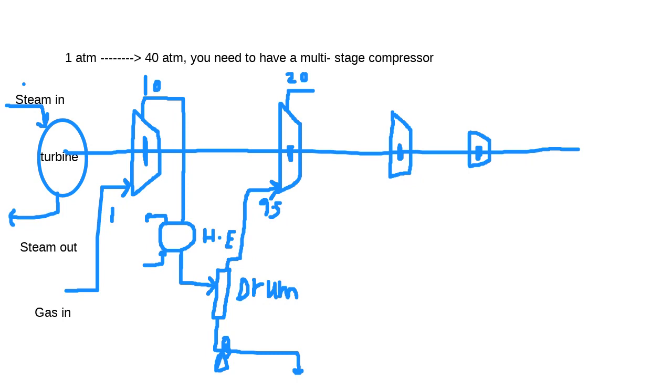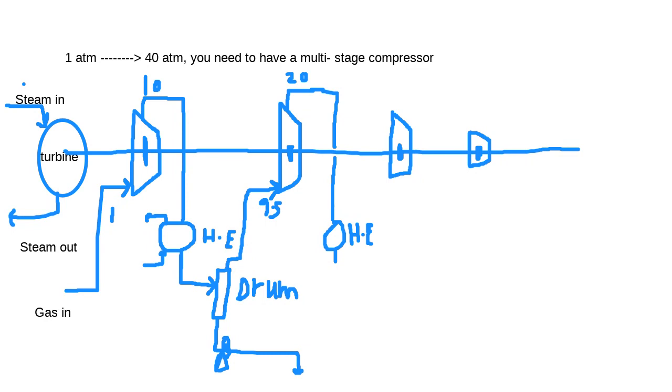Okay, and then again it's the same process. You have another cooler, another heat exchanger, to cool it down. Notice now, guys, that the size of the heat exchanger in the second stage is smaller than the size of the exchanger in the first stage.